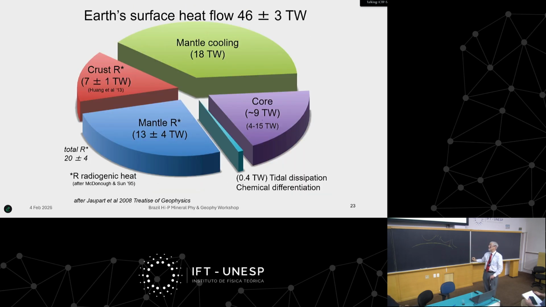Next slide, please. This is our current state of knowledge, which says that in the continental crust, we have so much potassium, thorium, uranium, about 7 terawatts. In one model of the bulk silicate Earth, we think we might have 13 terawatts, so that 7 and 13 give you 20 terawatts. You'll see in the next slide it will be different than that.